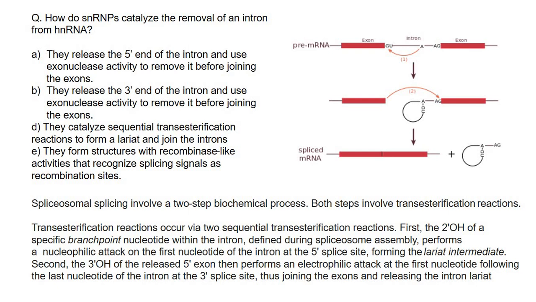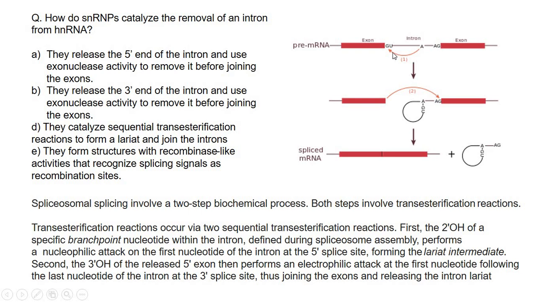They release the 5' end of the intron and use exonuclease activity to remove it before joining the exons. The SNRPs do cut the 5' end of the intron, but they do not use exonuclease activity to remove it before joining the exons, right? Because this is the intron, and this is the binding of this SNRP at this branch site, which will present this A for the lariat formation.